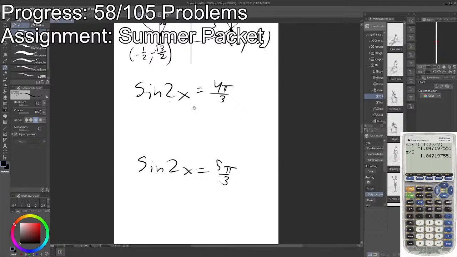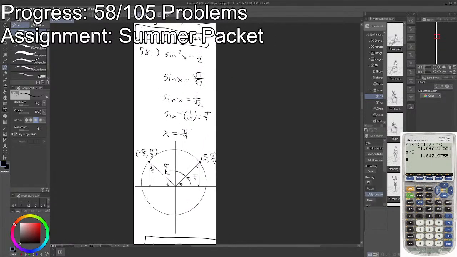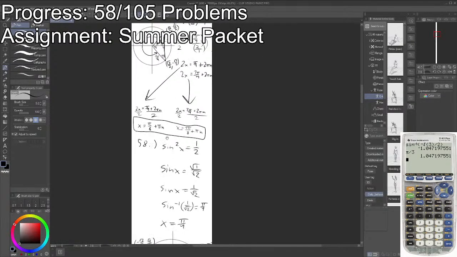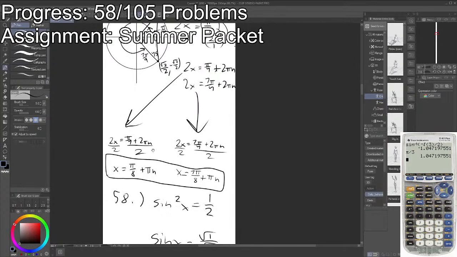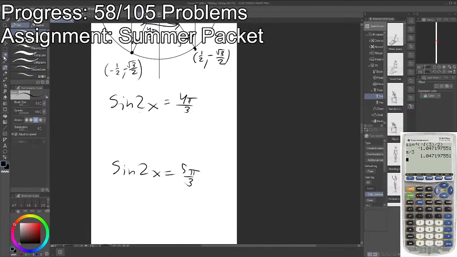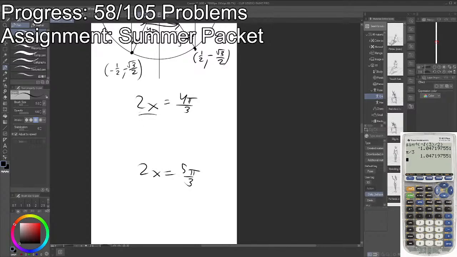Divide, wait, do I divide by 2? I think I did on the others. Yeah, I do. I don't need the sine here, that's why I was confused. Divide by 2.